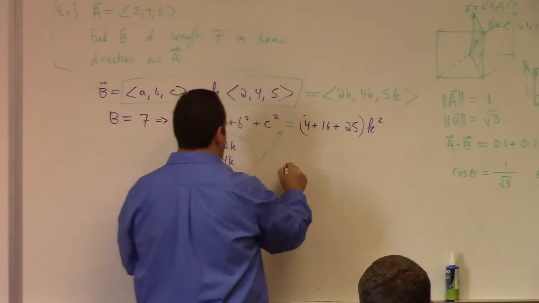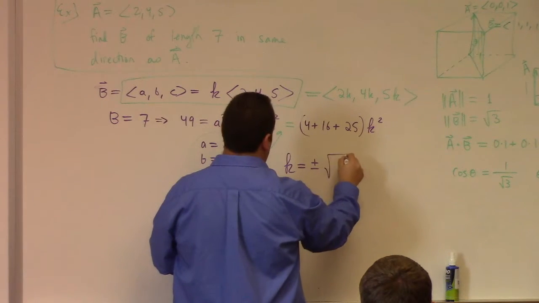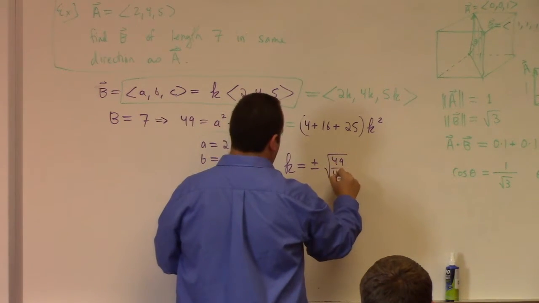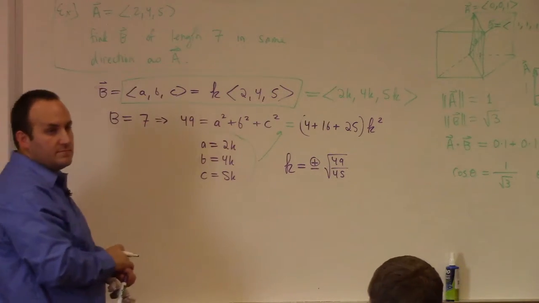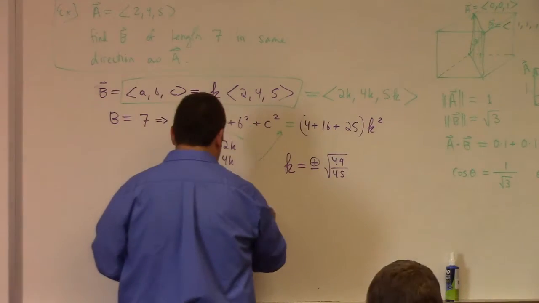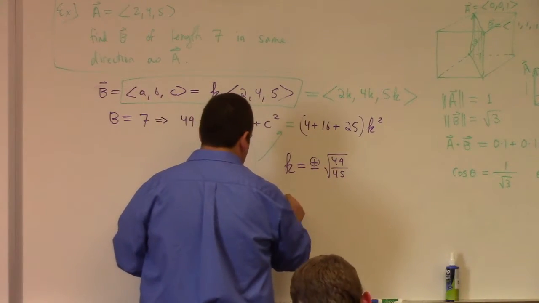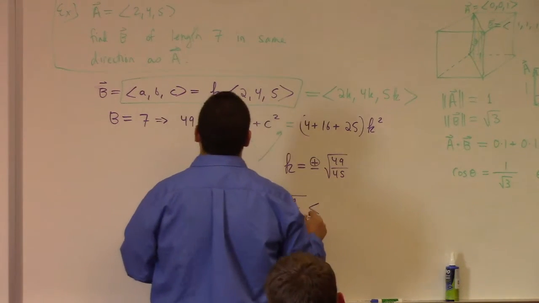All right, so apparently K is equal to plus or minus the square root of 49 over 45. And we can choose the plus because we said the same direction. So there you go. B is equal to the square root of 49 over 45 times (2, 4, 5).